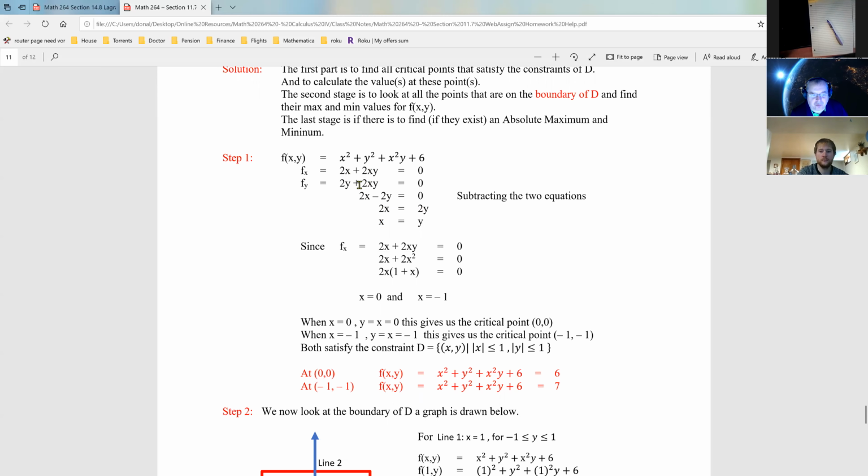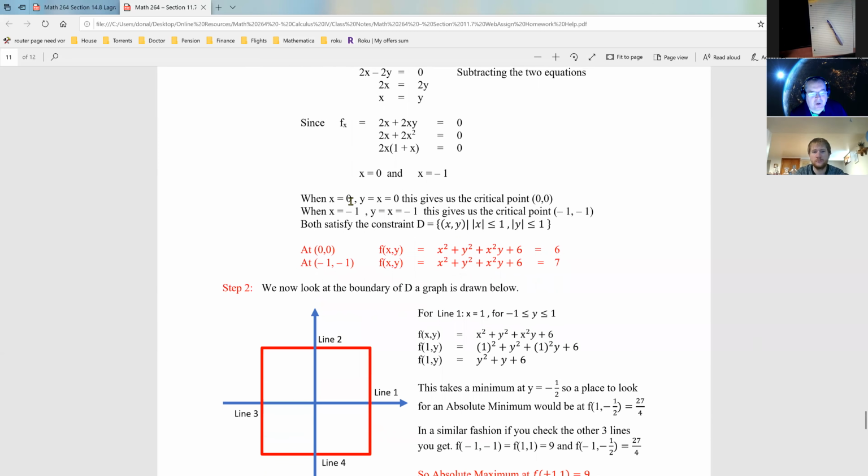Well, if x equals y, I can then go back to this one here, for instance, or I could have done that one if I wanted, I guess, and solve for it. And when I solve for it, I find out x is 0 and x is -1. And we understand those two guys as essentially our critical places.